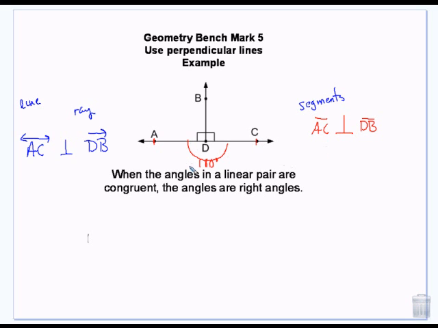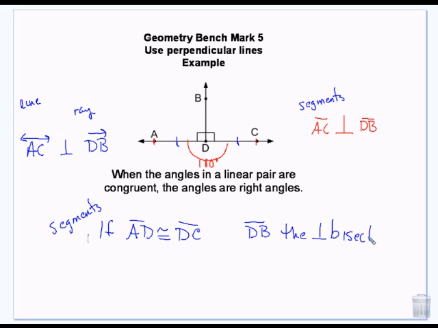Now, if I say this part AD is congruent to DC, again, I'm talking about segments. So if these two pieces are the same length, then that makes DB the perpendicular bisector of AC.